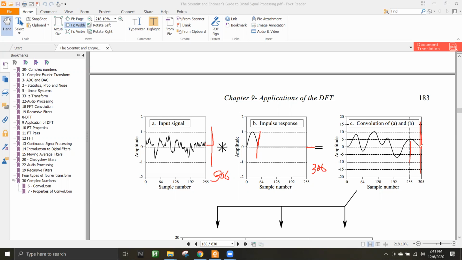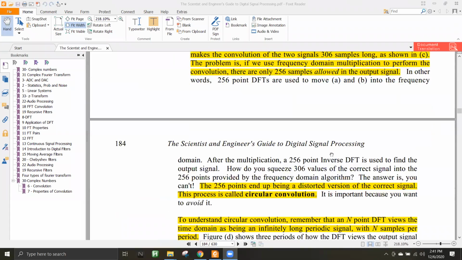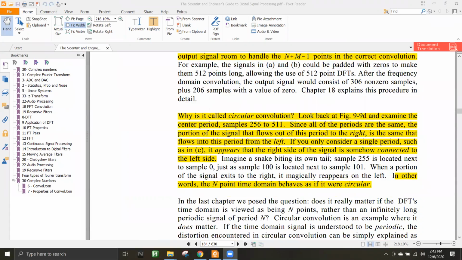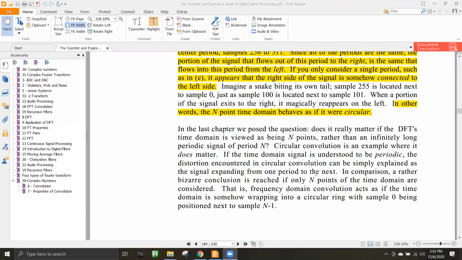And then if we repeat it to the left and right, we won't get any distortions, because when we are repeating, we are starting from here, not starting from here and distorting it. So this is how we get rid of the circular convolution problem: just padding enough zeros to make it equivalent to n plus m minus 1.